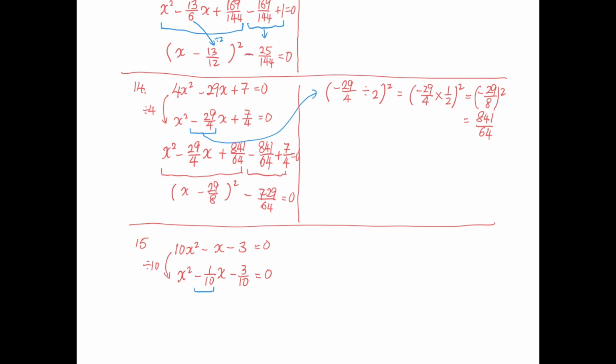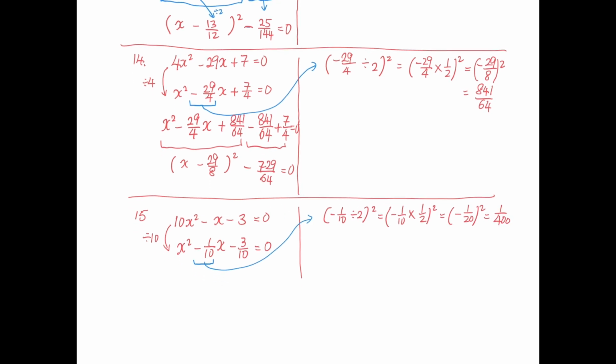You take the second term's coefficient and you divide by 2. Okay, you can do it at the side here. So we divide by 2 and we square it. Minus 1 over 10, you divide by 2, so minus 1 over 10 times 1 over 2. So we get minus 1 over 20. You square it, then you get 1 over 400.